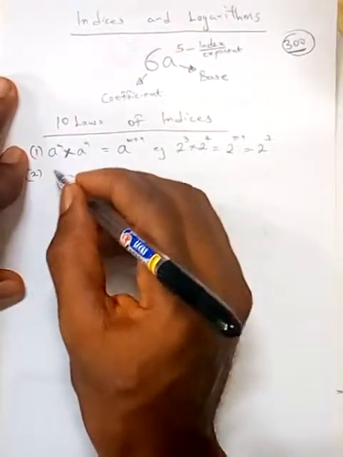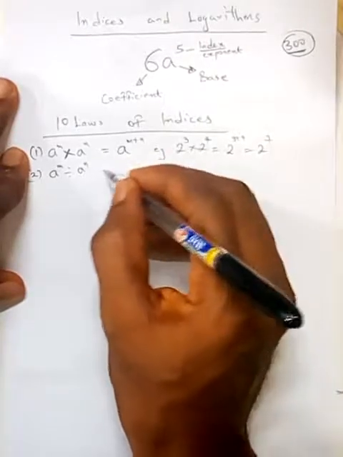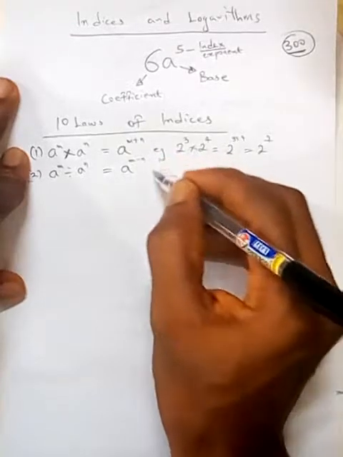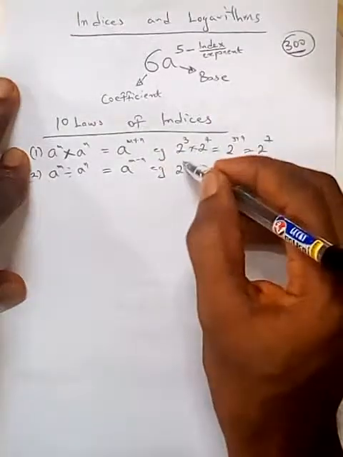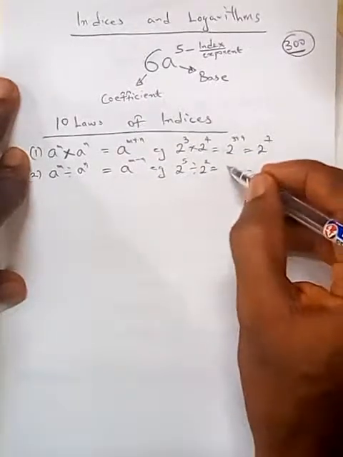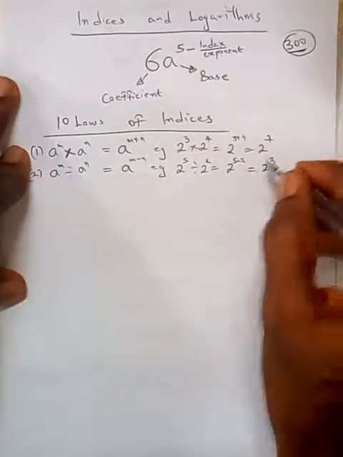Law 2: a raised to power m divided by a raised to power n. Take one base still, and since this is dividing, you subtract, m minus n. For example, 2 raised to power 5 divided by 2 raised to power 2 gives us 2 raised to power 5 minus 2, and that is 2 raised to power 3.